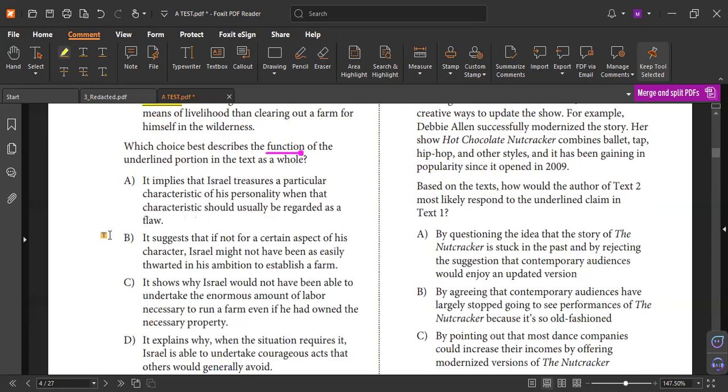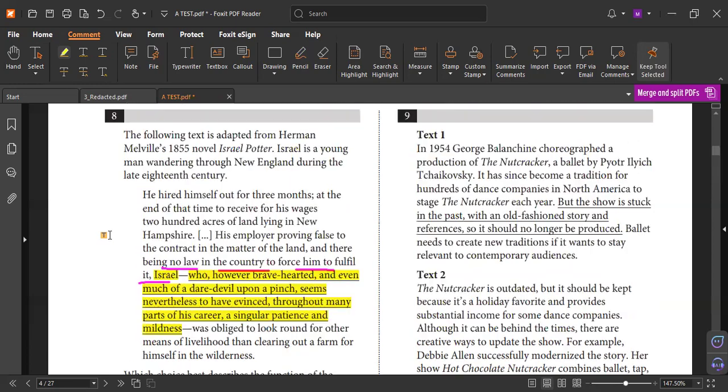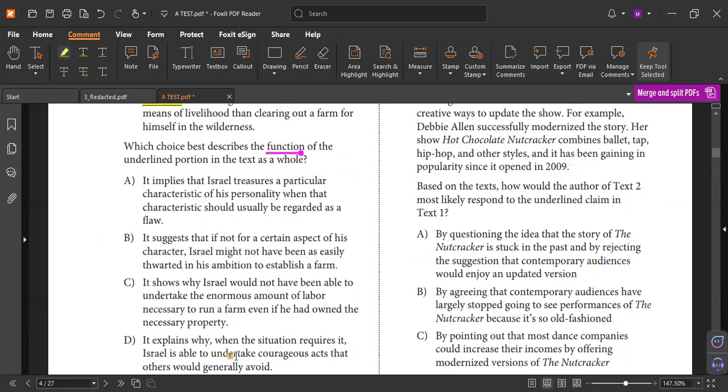Now I'm going to check all the answers, and every answer needs evidence. You still with me? Yes. Now let's prove together why B is correct.